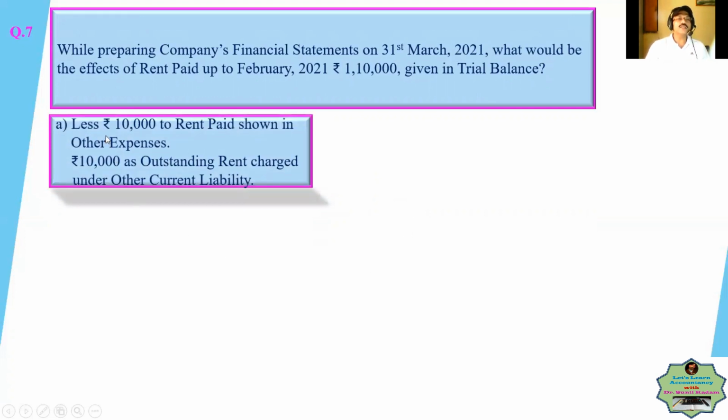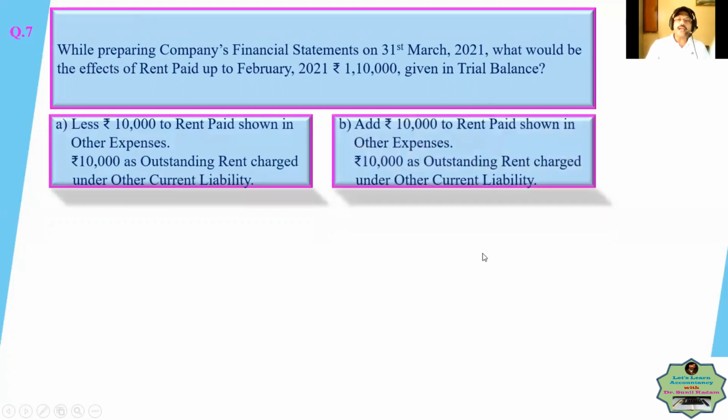The options are: A, less rupees 10,000 from rent paid shown in other expenses, that is a profit and loss effect, and rupees 10,000 shown as outstanding rent charge under current liability. Option B, add rupees 10,000 to rent paid shown in other expenses and 10,000 as outstanding rent charge under current liability.